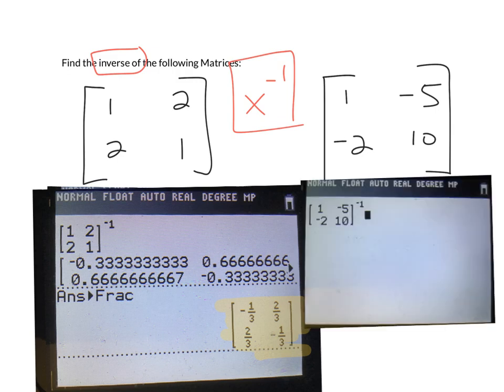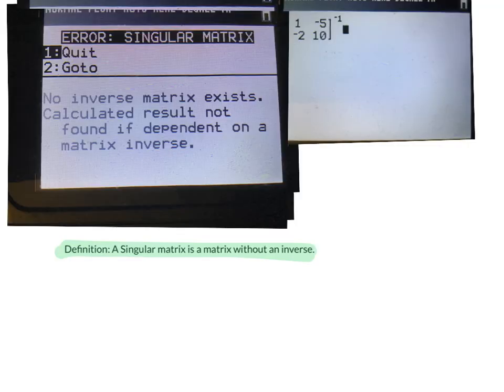Just like before, enter your matrix and press the inverse button. And when you do that, you're getting another error message. This time it says error singular matrix. And here's the last definition. A singular matrix is a matrix without an inverse.